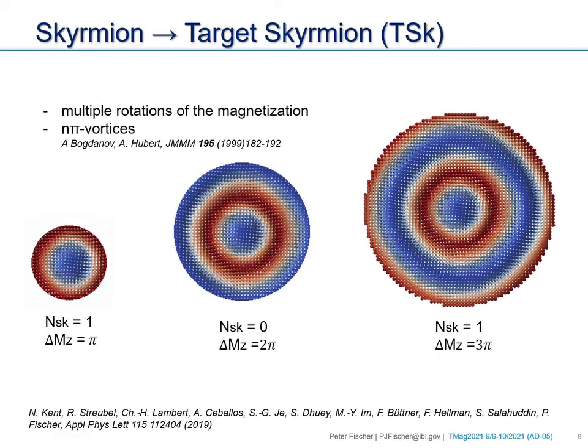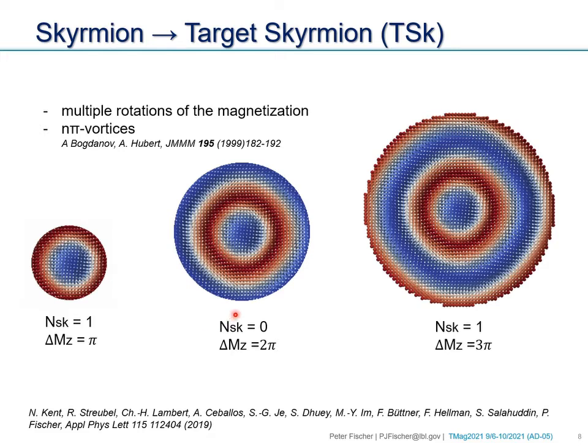Now let me go back to how we approached this from an experimental point of view. There was a prediction by Paul Sutcliffe and others that target skyrmions, which are these n-pi vortices, have been known for many, many years. Alex Bogdanov and Hubert in 1999 already had a paper where they talked about these n-pi vortices. And it really came back to our observation, among others, of skyrmioniums, where you have only 2 rotations.